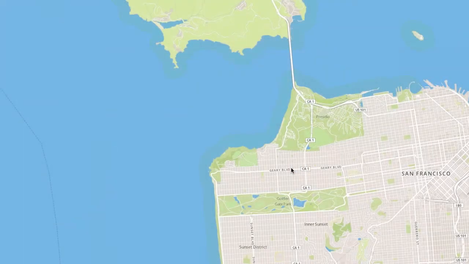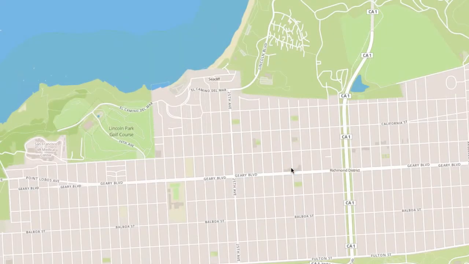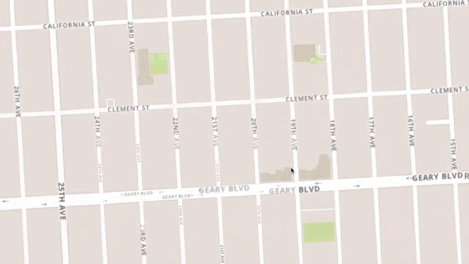Okay, so help me out here. We're not just talking about the creation of a pretty map of the state of California. We're talking about it integrated with useful data that then can be accessed by an application or by the user. Exactly. So we put out a worldwide base layer similar to something like Google Maps that you'd be familiar with, and we base that off of something called OpenStreetMap, which is kind of similar to Wikipedia for maps. It's publicly edited, and the data is available out there.